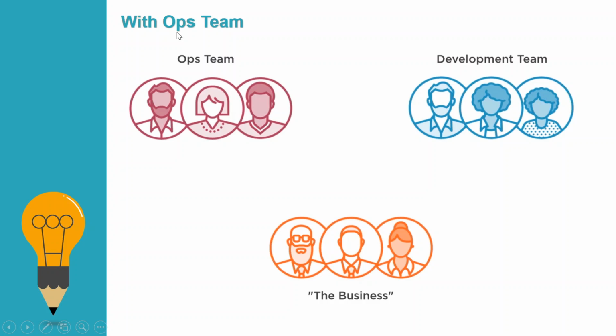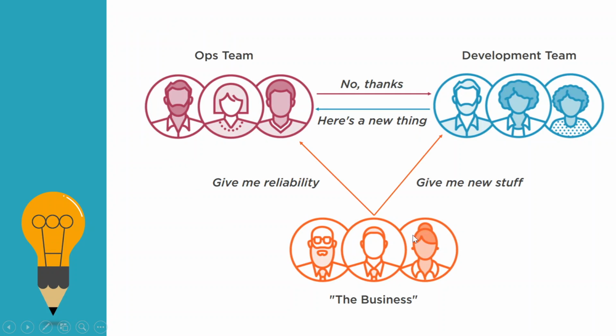Okay, typically in an organization there is an ops team which handles all the releases, the alerting, production, everything. And there is a development team whose main concern is developing things in a very fast manner. And the next is the business. Business will say to the development team, give me the new stuff, I want to implement this feature.